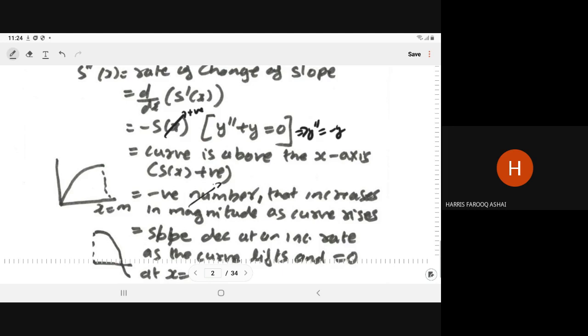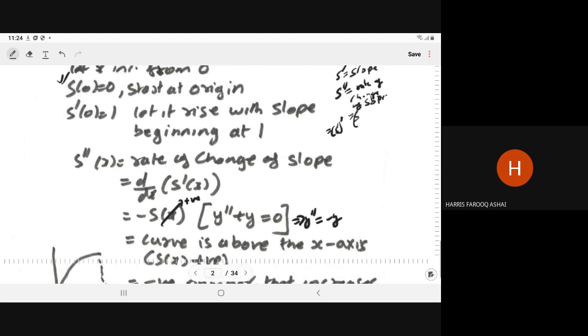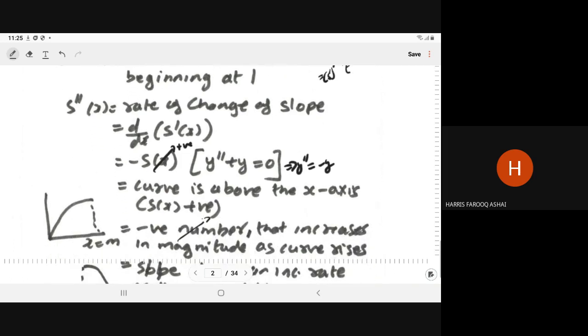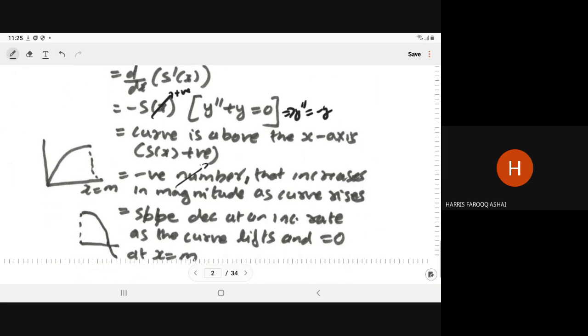Slope decreases because s double dash is the rate of change of the slope. So the slope decreases since sx is increasing in magnitude. It means the slope is decreasing with the increased rate. Initially the slope is 1.